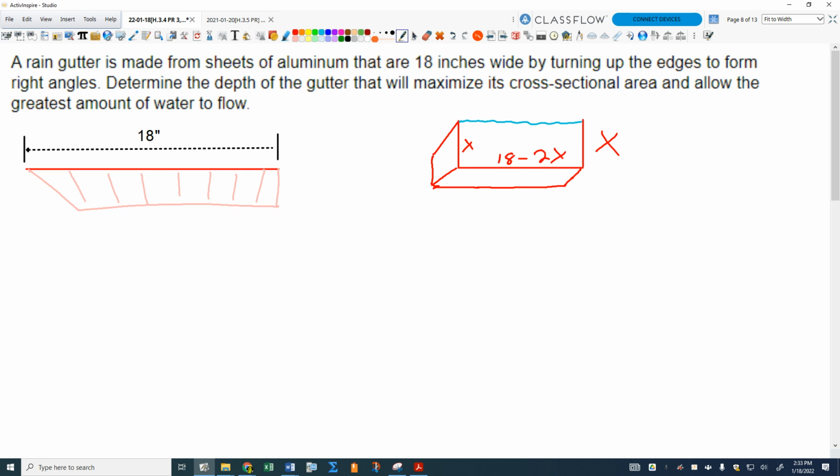Right, we've got this long gutter. The length of the gutter is never going to change. Agreed? Okay. So we'll just call this L for length.